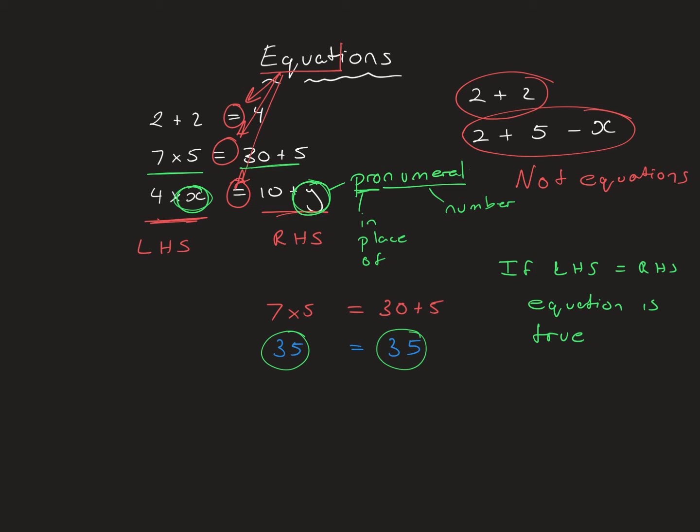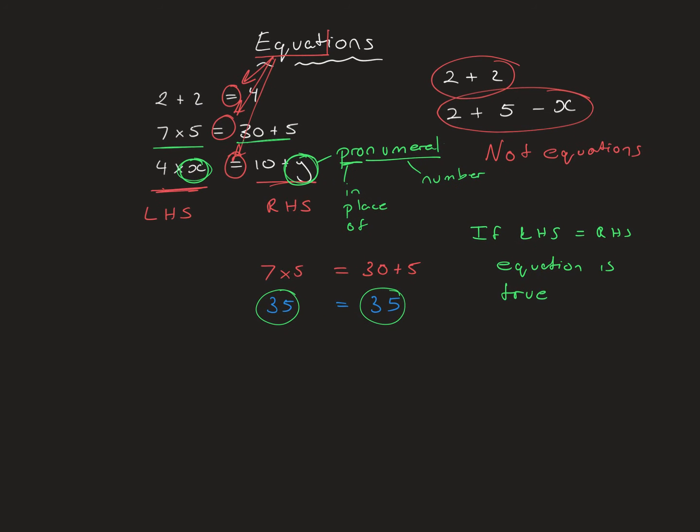All right, so we've got a few terms here to look at. Now, to use an equation, we want to find a solution for it. So you saw the example here where left-hand side equals the right-hand side. That's the goal all the time. But something like the bottom one, 4 times x equals 10 plus y, we would have to try and solve by inspection. So I would just be plugging numbers in place of x and y to find out where the left-hand side equals the right-hand side.